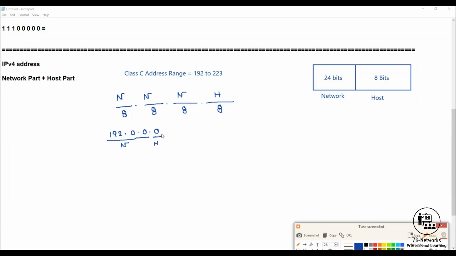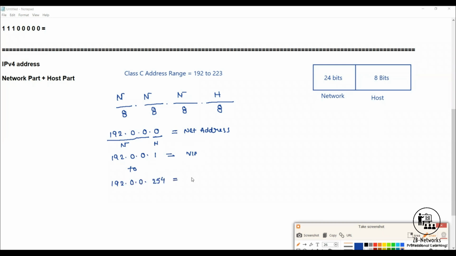You know that if all the host bits are 0, it is called a network address. The first valid IP would be 192.0.0.1, all the way to 192.0.0.254.